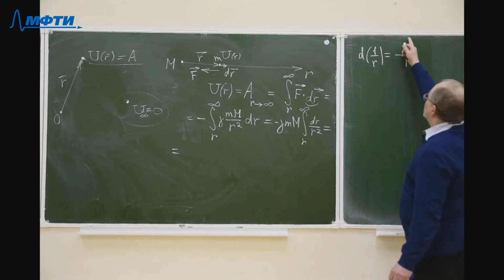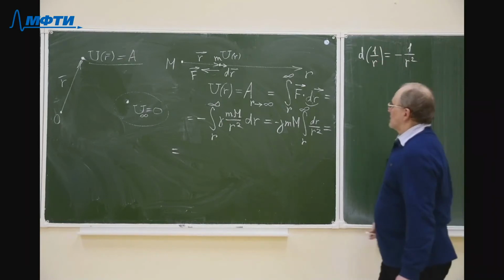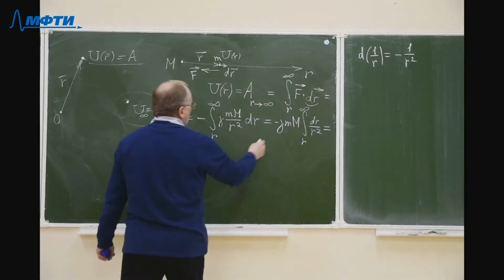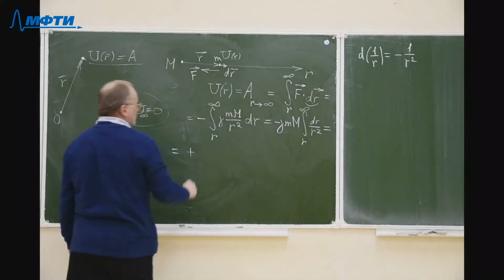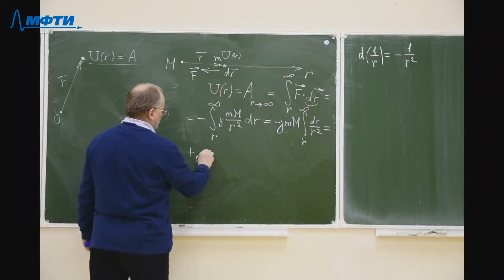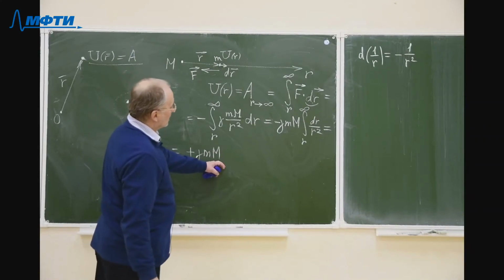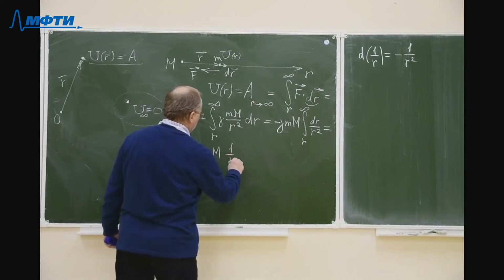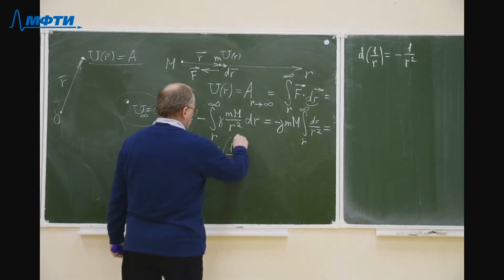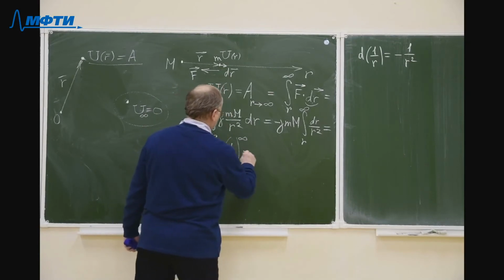It means that the integral of this function will be equal to minus 1 over r. So this minus and another minus from here, from this expression, will give me plus. Gamma small m capital M remains as a coefficient, and here I have 1 over r, and this expression should be taken in the limits of r and infinity.